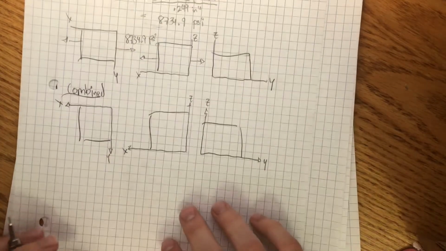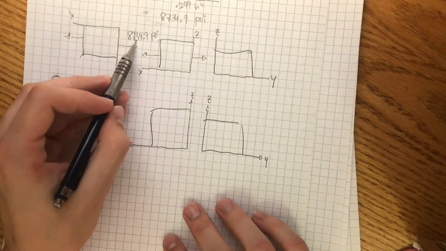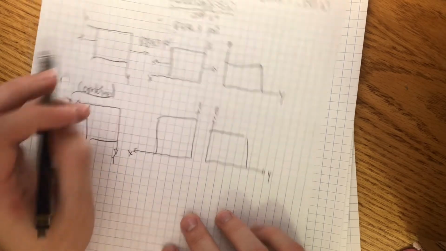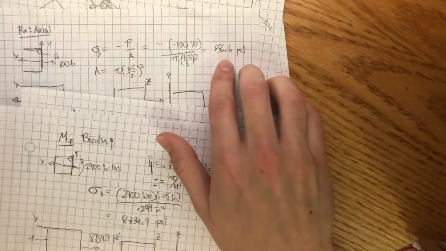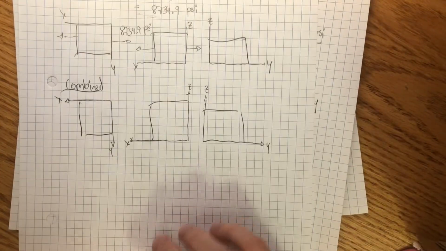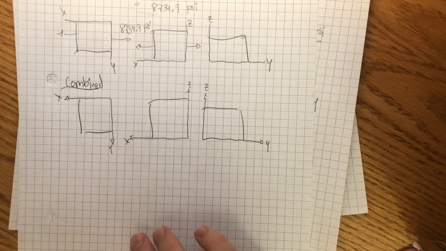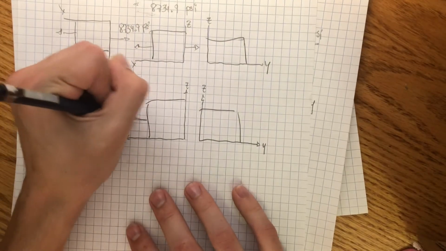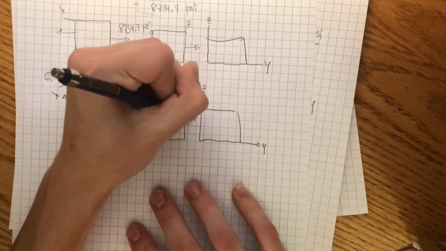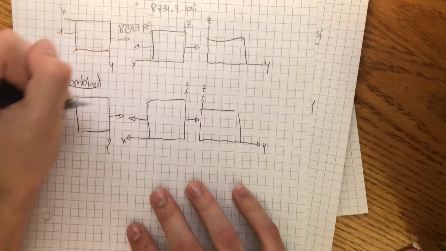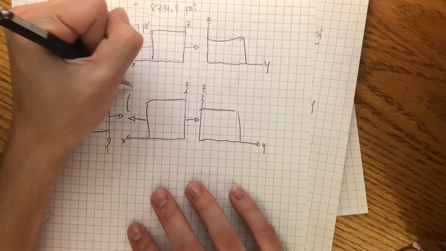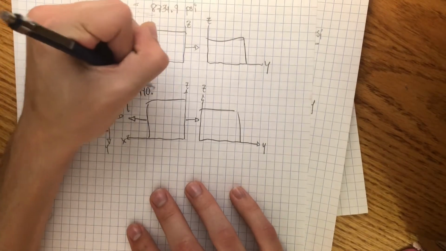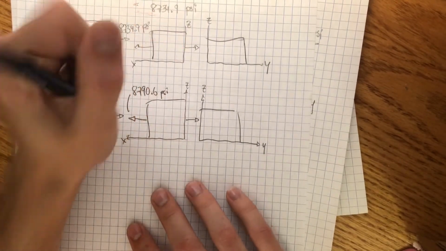All right, so we know that we have 8734 psi as well as 56.6 psi, all acting in the x direction, all in tension. So that leads us to having a total value by adding them together of 8790.6 psi. Right?